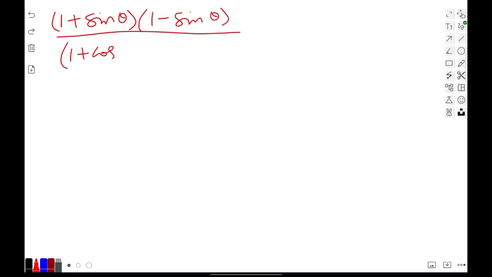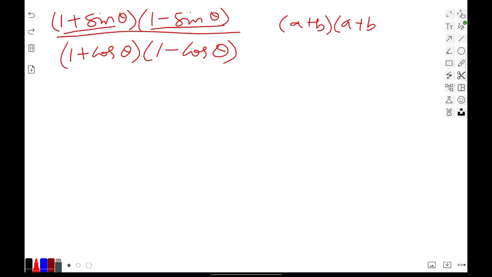Before substituting the values of sin theta and cos theta, let's see here, is this in the form of (a plus b) into (a minus b), right? Which is a square minus b square. So can we use this formula over here? So we get 1 square minus sin square theta by 1 square minus cos square theta.